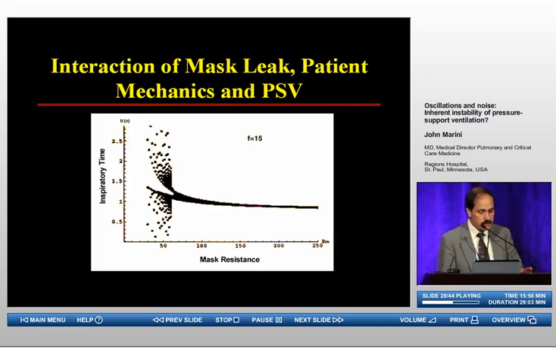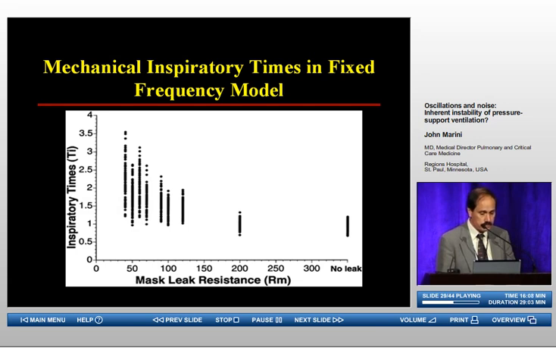These are just further examples of the interesting patterns that can develop in a mathematical model between mask resistance and inspiratory time under leak conditions. This is a mechanical inspiratory times in a fixed frequency model of pressure support ventilation where the frequency is unchanging.